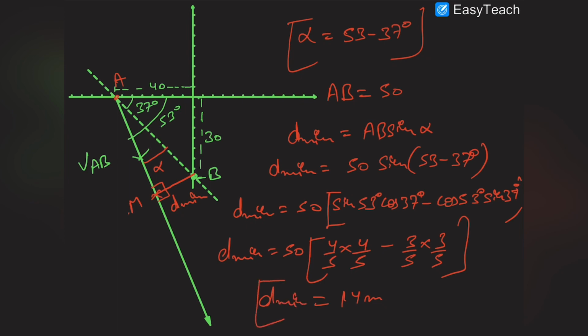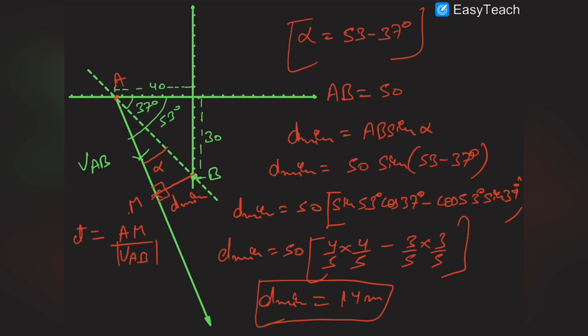So the minimum distance is 14 meters, and if we have to find the time at which this minimum distance occurs, then if B is at rest, the time in which A would reach from A to M would be the time for the minimum separation. So this time would be the distance AM upon the magnitude of VAB.